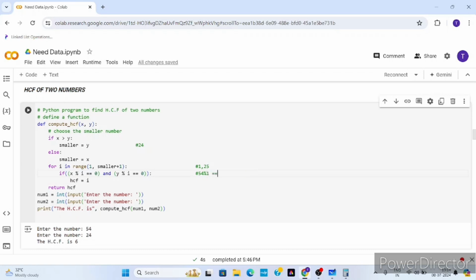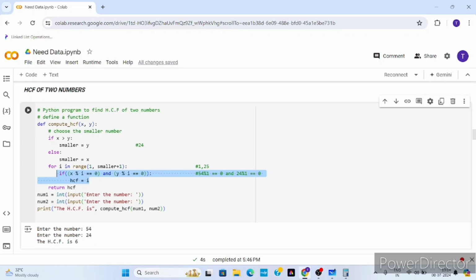54 mod 1 is equal to 0, and what will be the y value? The y value is 24. 24 mod 1 needs to be 0 as well. Whenever a condition is not satisfied, it automatically fails, and it goes on to calculate for everything: 54 mod 1, 54 mod 2, 54 mod 3, 54 mod 5.